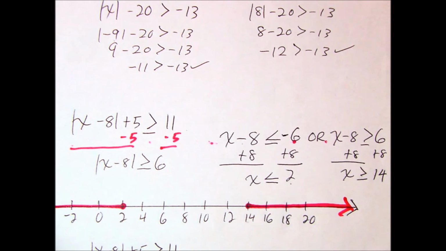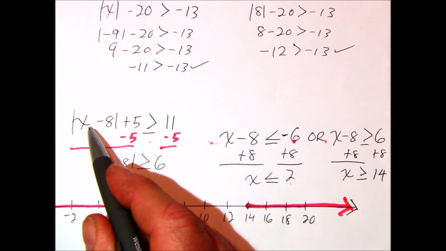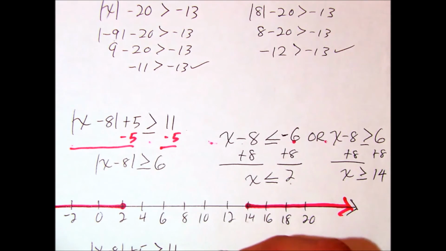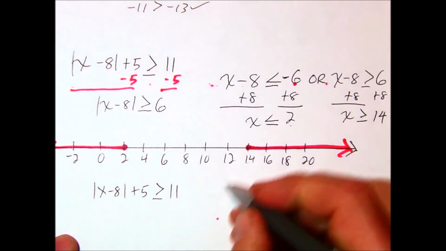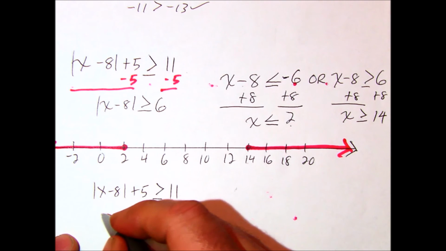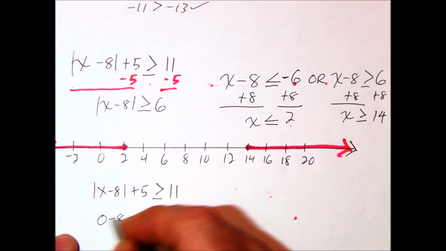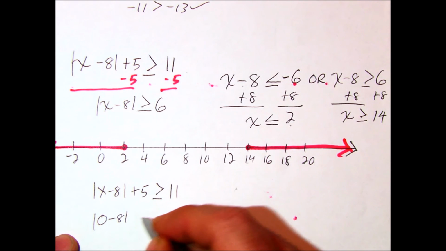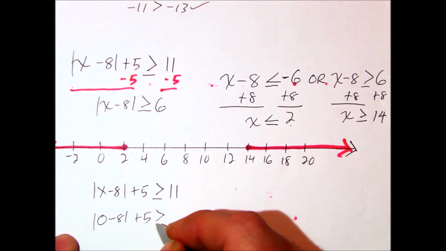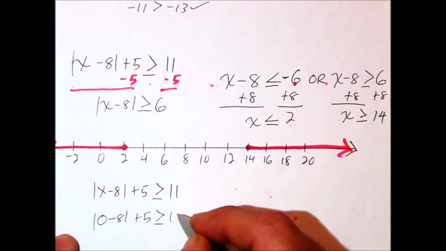I plug in 0 into my original absolute inequality, so 0 minus 8. So if I put in 0, let's do it down here. So I plug in 0 for x, the absolute value of 0 minus 8 plus 5 is greater than or equal to 11.